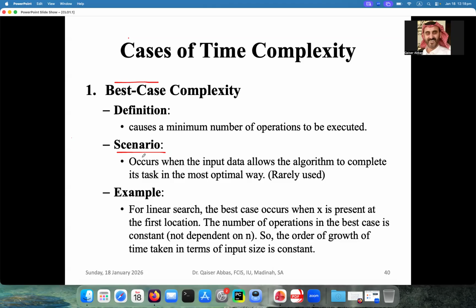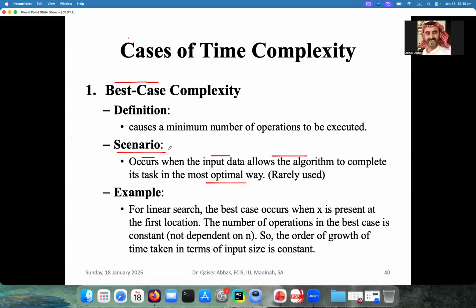Best case will occur when the input data of your algorithm allows it to complete its task in the best possible way, in an optimal way. Best possible here means with the minimum number of operations.